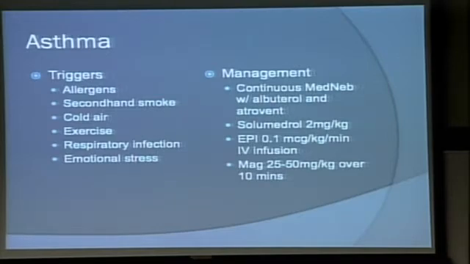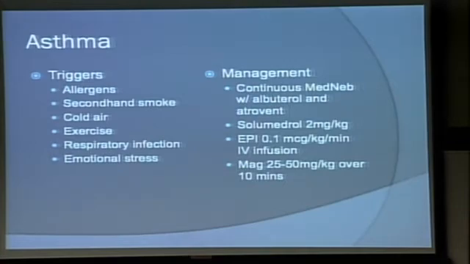Management, asthma is pretty straightforward. Literally continuous med-nebs with albuterol and Atrovent. I think everyone you get a 911 call for asthma who you are starting to treat, give them Solu-Medrol, dose 2 milligrams per kilo.